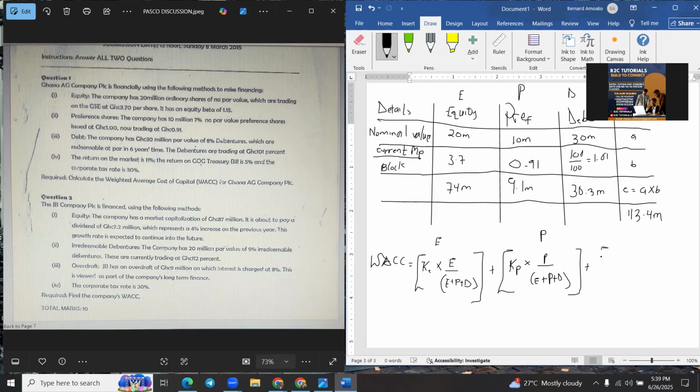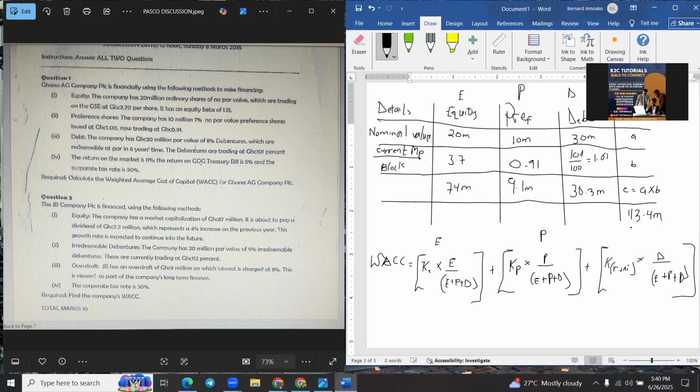The debt would have been the cost of irredeemable debt after tax, KRD after tax, all multiplied by debt over still the E plus P plus D, bracket close.